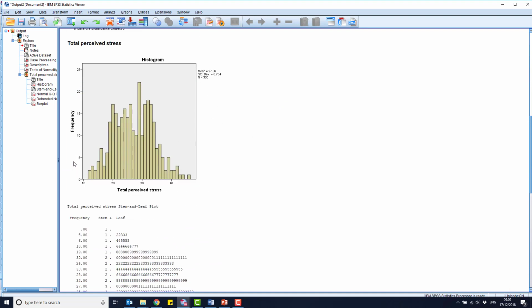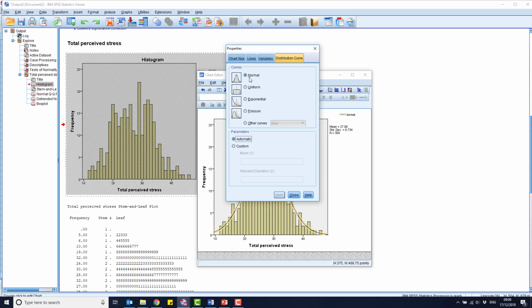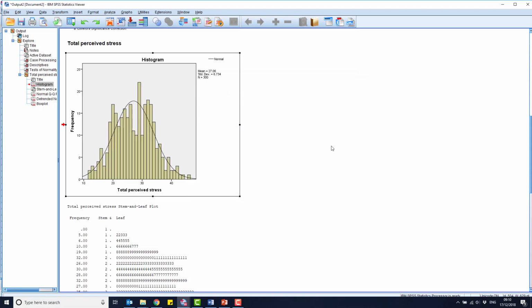Something that will help with interpreting this distribution is to add a normal distribution curve. So I'm going to double click, bring up the chart editor, and I can add a distribution curve by clicking on this shortcut here. By default it will fit a normal distribution curve to it. There are other types of distribution, but normal is the one that we're interested in. So I'll just click close, close again.